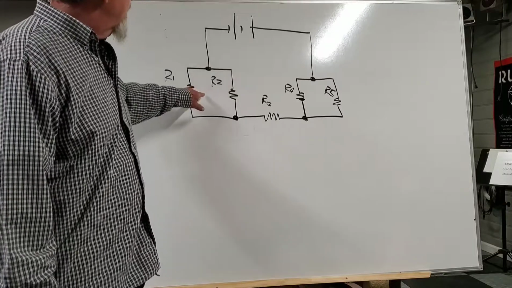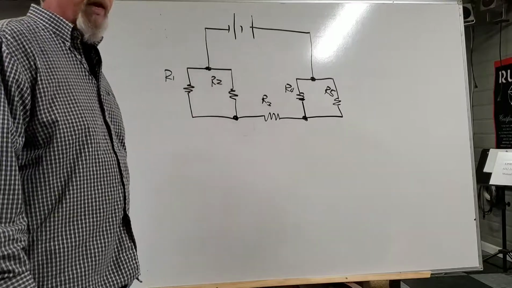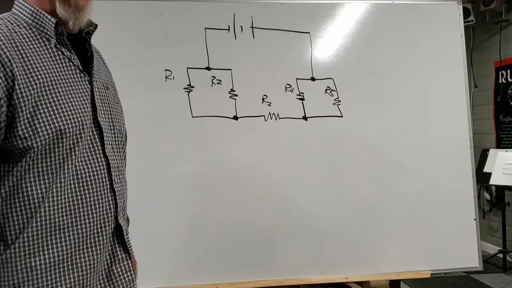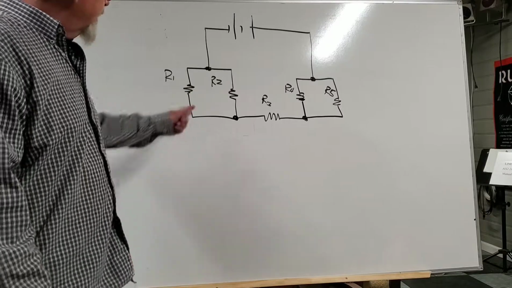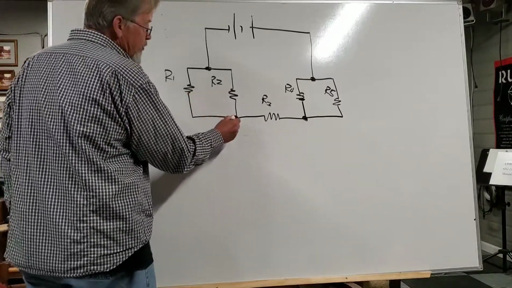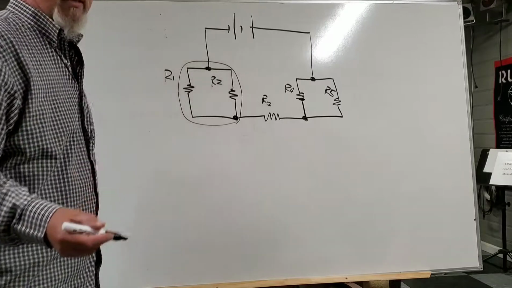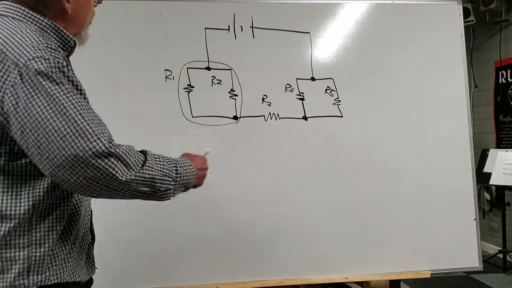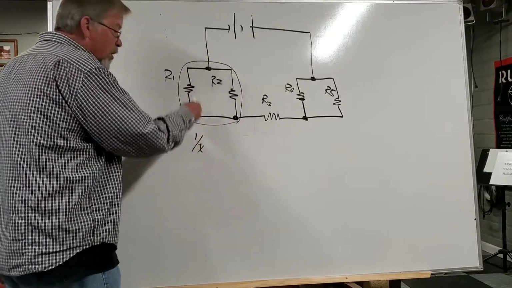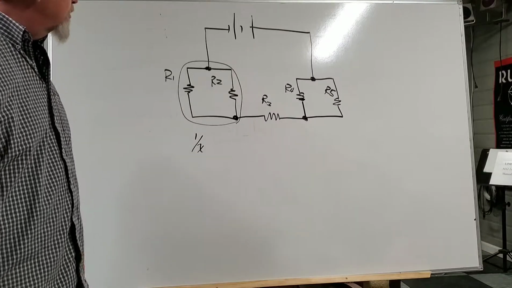So what we're looking at is the first thing we get to is R1 and R2. That is going to be my first equivalent resistance that I'm going to find. I need to find that. So what I'm going to do is combine the resistances of R1 and R2. And of course, we said they were in parallel. So in order to combine them, you know that's the 1 over X formula. And that gives us our first equivalent resistance.